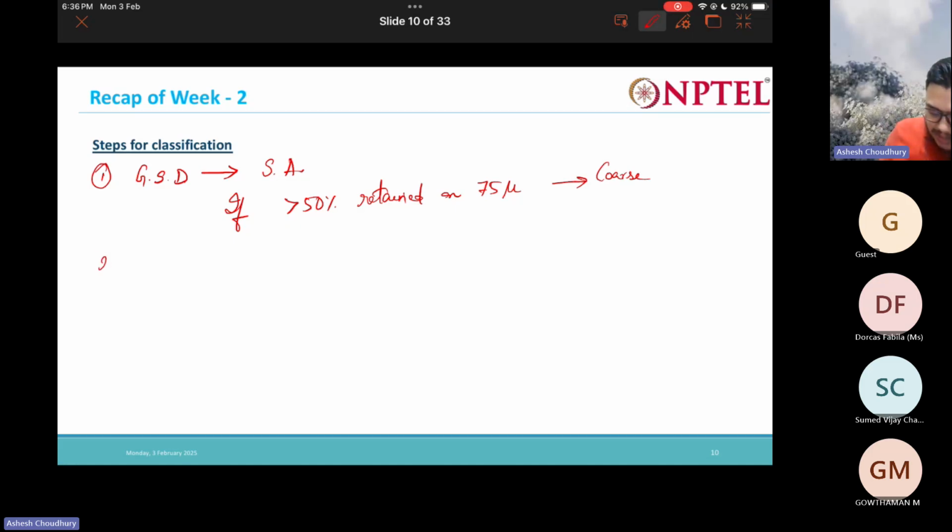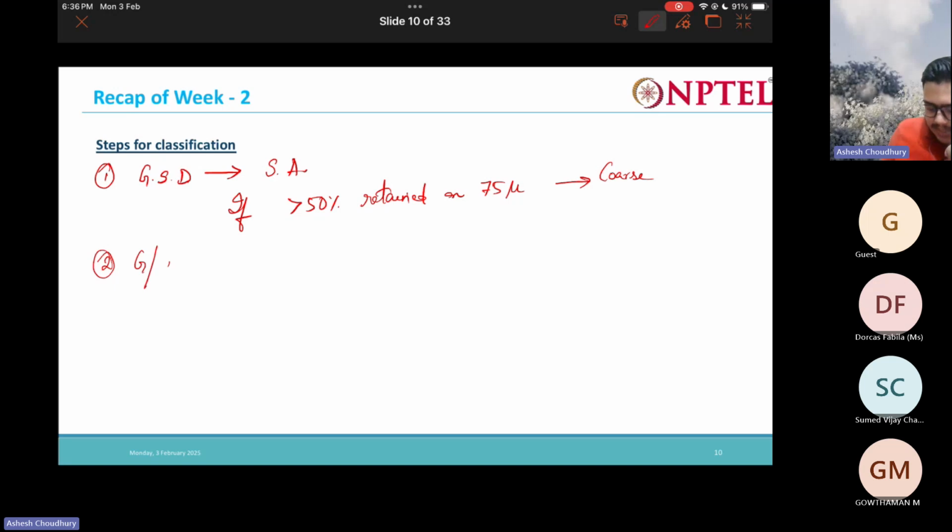So for this one we decided that the soil is coarse. What are the prefixes it can have if the soil is coarse? G or S, right?